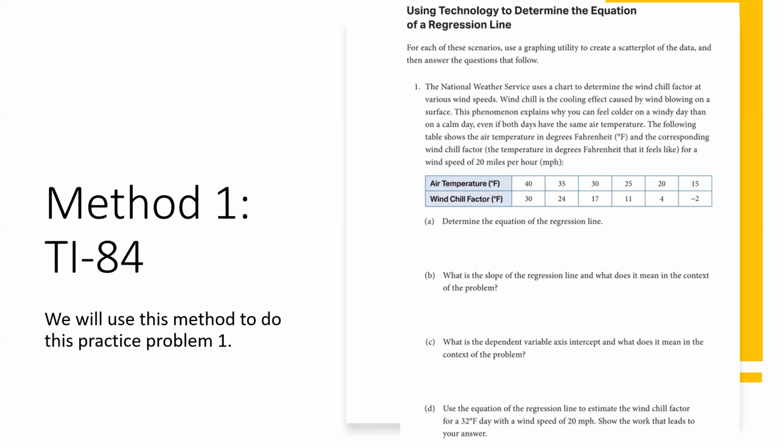We're going to use this method to go through and analyze this given set of information that we have. Do y'all remember how I talked about popcorn reading? Guess what we're about to do? Get to popping. I'll start off and then someone continues. The National Weather Service uses a chart to determine the wind chill factor at various speeds.